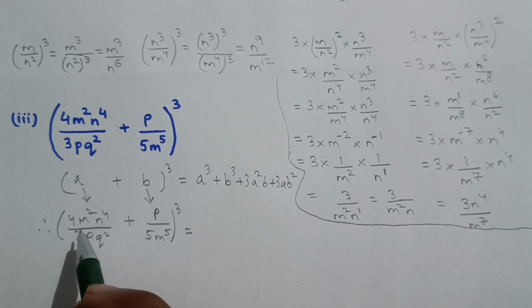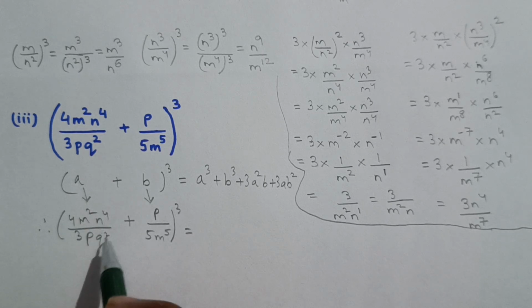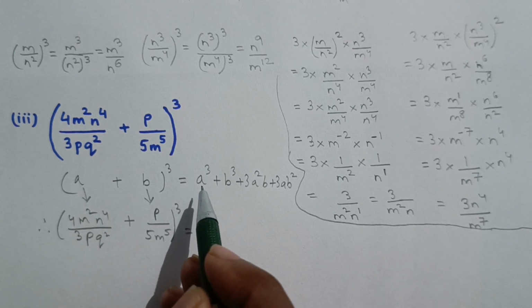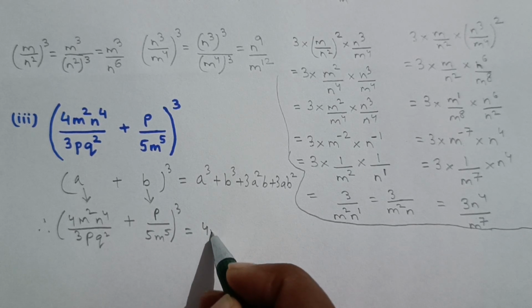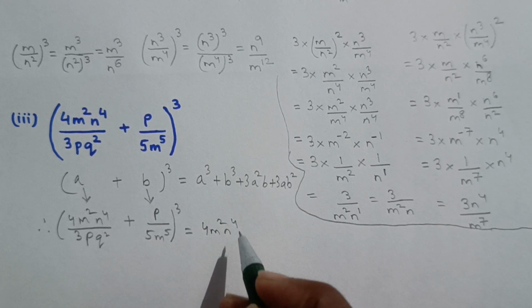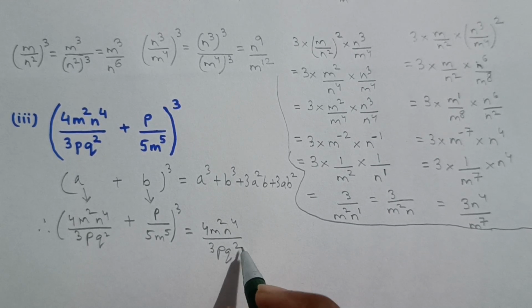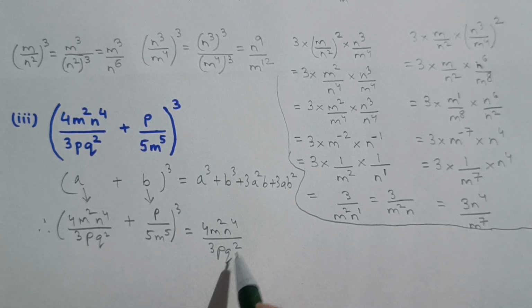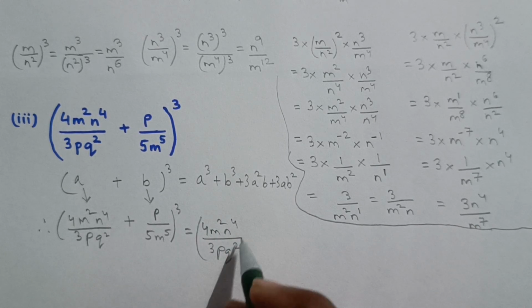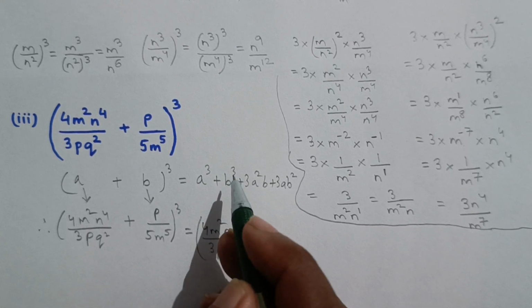Instead of a, I will write this expression because a corresponds to this expression. So instead of a, I will write 4m square n to the power 4 upon 3pq square. Now a is getting cubed, so this expression will also get cubed, plus b cube.